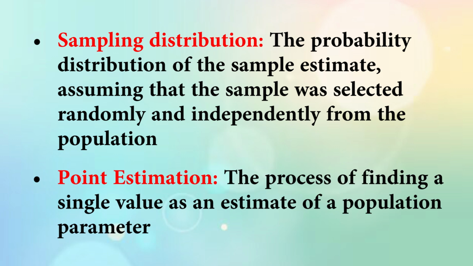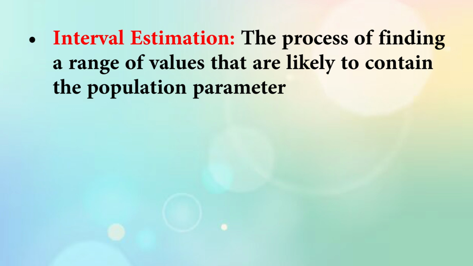Point estimation: the process of finding a single value as an estimate of a population parameter. Interval estimation: the process of finding a range of values that are likely to contain the population parameter.